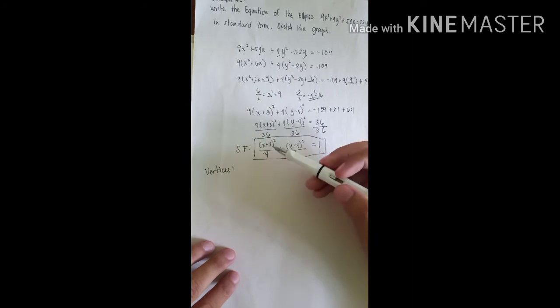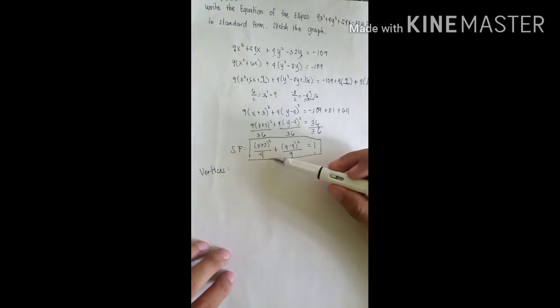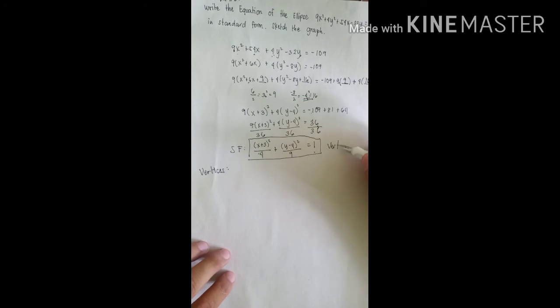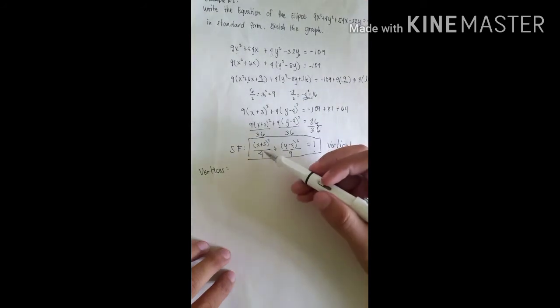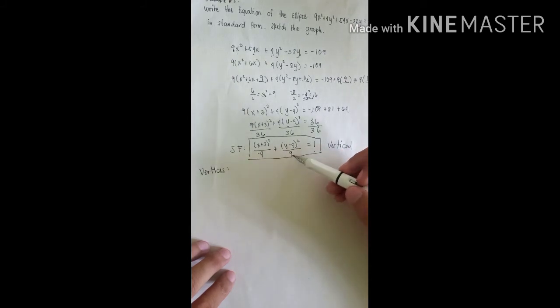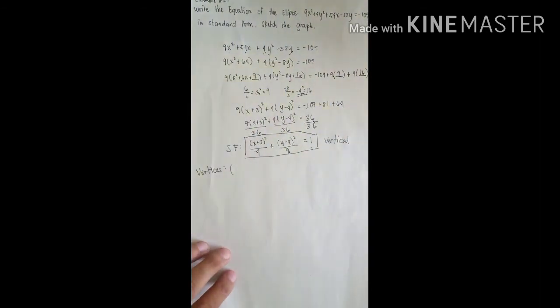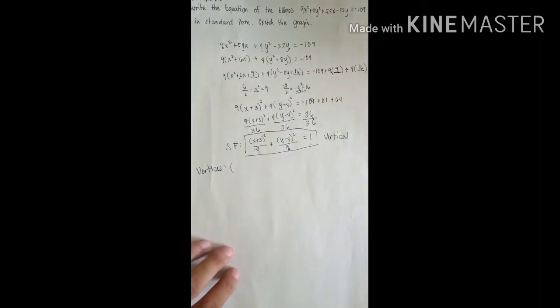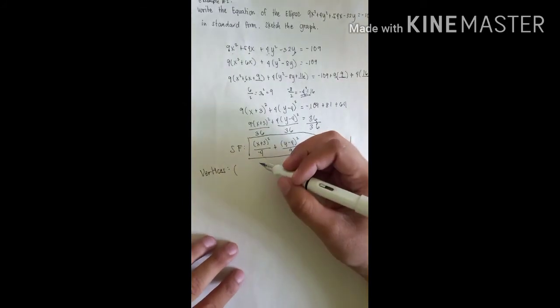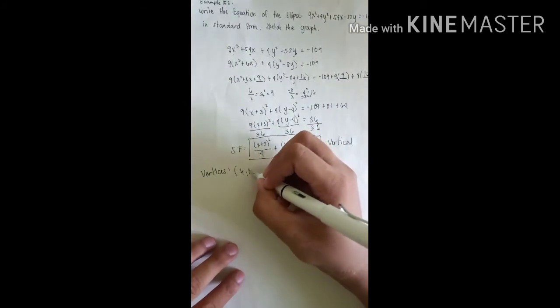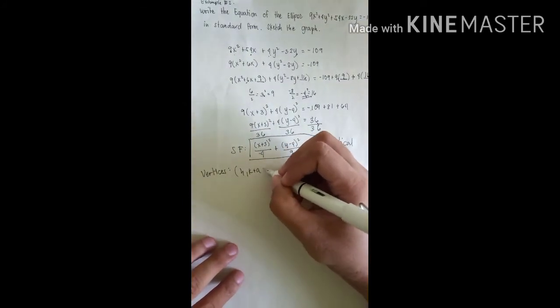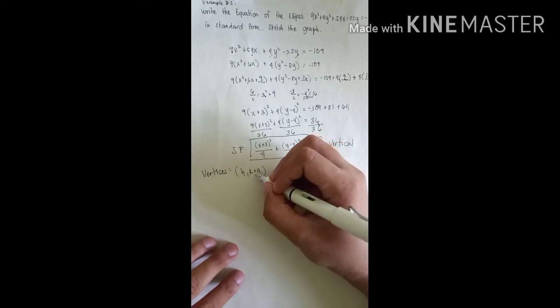So this type of ellipse is vertical. Kasi nga, yung partner ni x is mas maliit kesa sa partner ni y. Okay, so that is vertical. So, ang gagawin nating formula, no? For the vertices, h, k plus minus a.